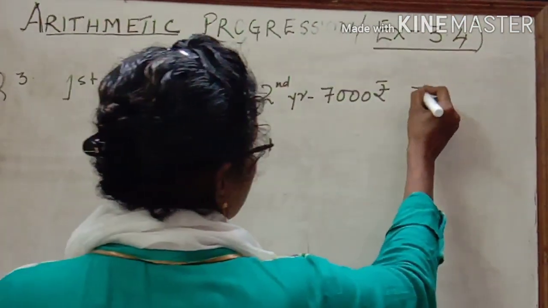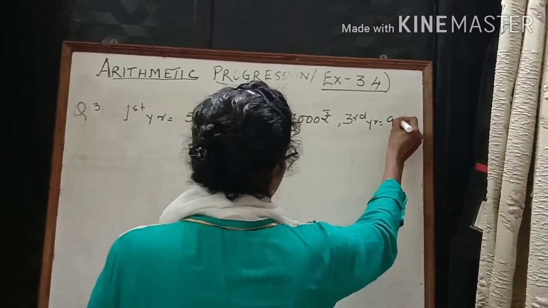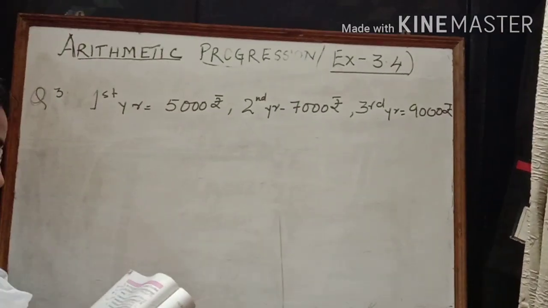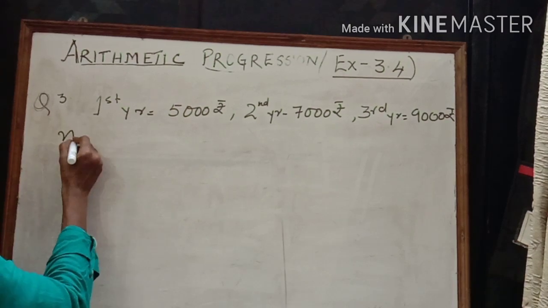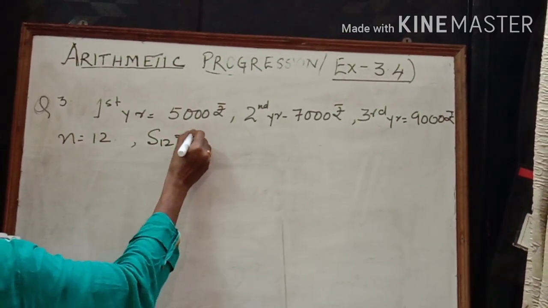Third year 9000 rupees, and so on. Find the total amount he invested in 12 years. So n is equal to 12. We have to find S12.